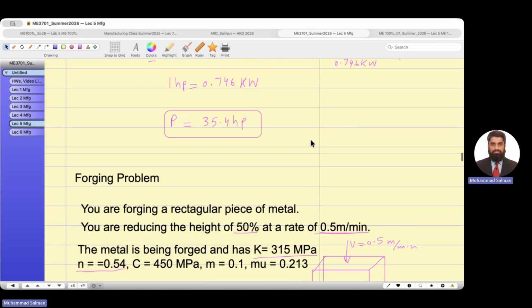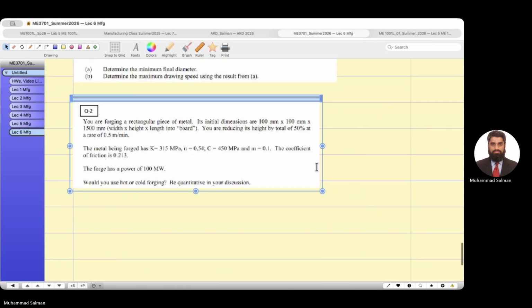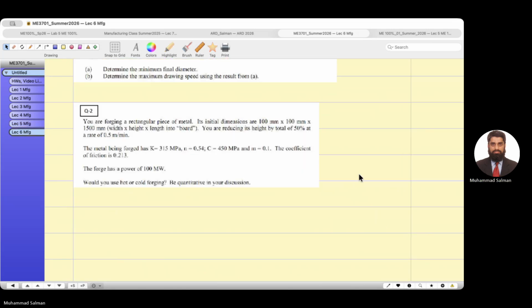Yes, this was the question. And this is again coming in our homework problem, so you should be aware. I'm not going to solve it again because we already solved it and I have made a video on that. Okay. And then the final question.